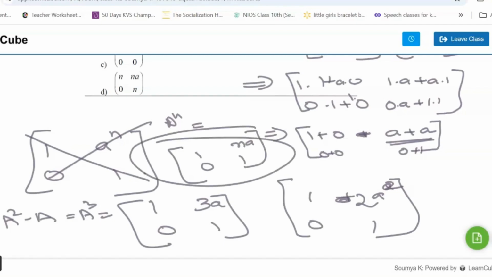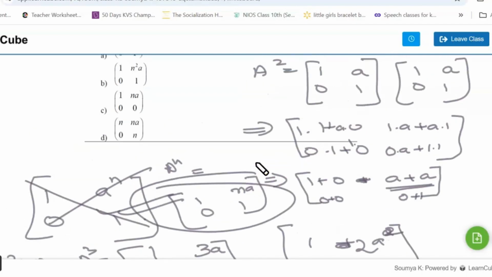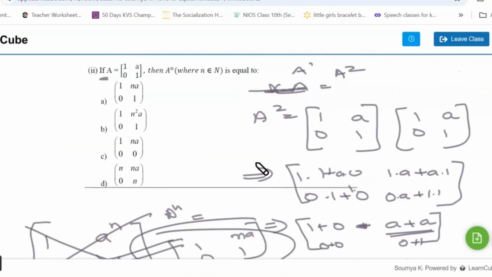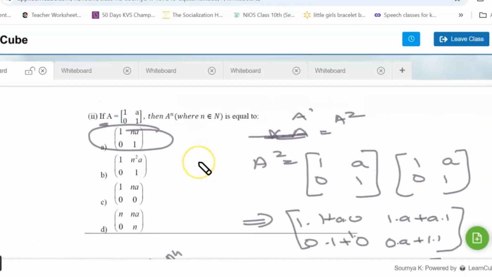So this will be the final result. Okay, so this matching option is option A, 1, N of A, 0, 1. So this is the 6th question, second part. Let's go to the next question.